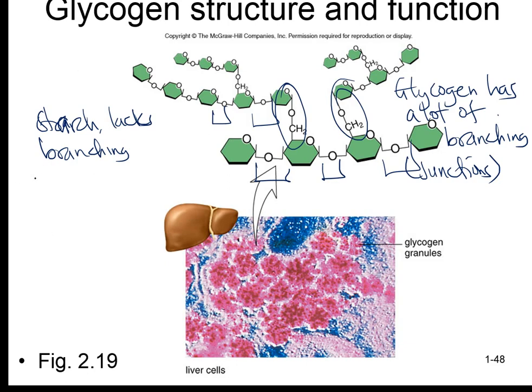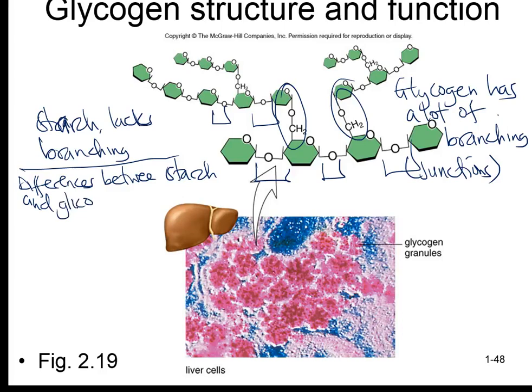One, differences between starch and glycogen. The first difference is starch is found in plants, glycogen is found in animals.